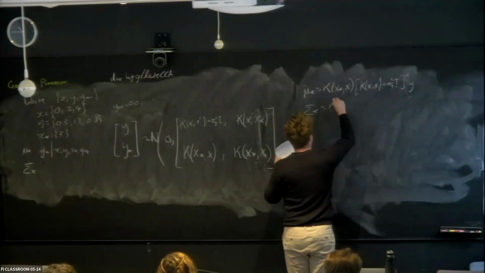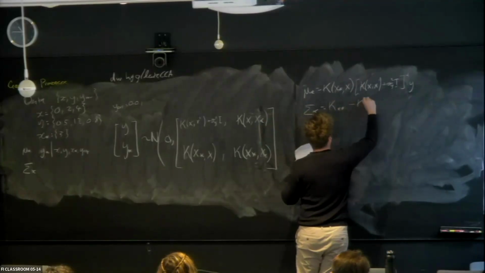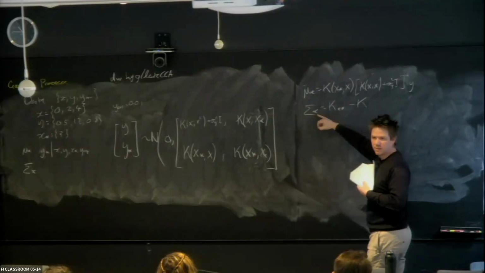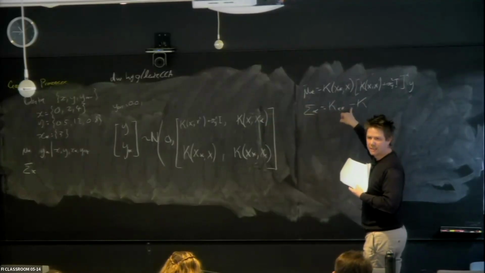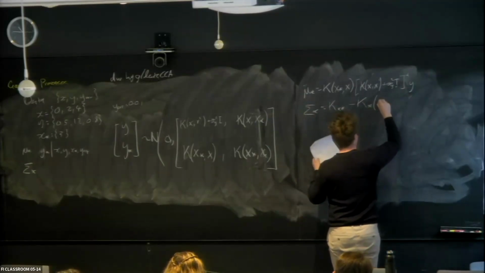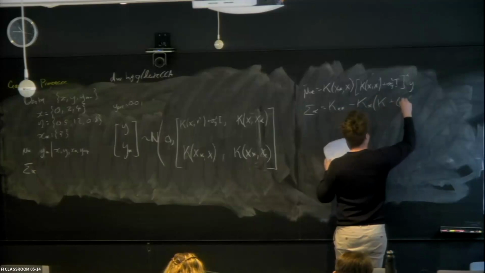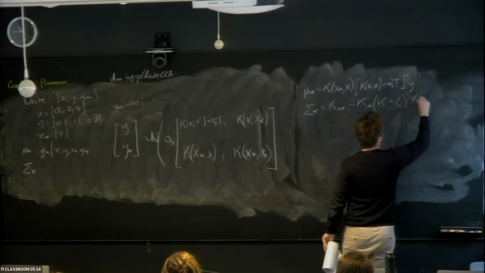This one makes some of you feel uncomfortable, for good reasons, because you're computing a covariance matrix that must be positive semi-definite, and we've started off with something and then we're subtracting something. So if this thing is bigger than that, you're going to have a really bad time. So K of x star, x star, minus that, and then K star transpose.